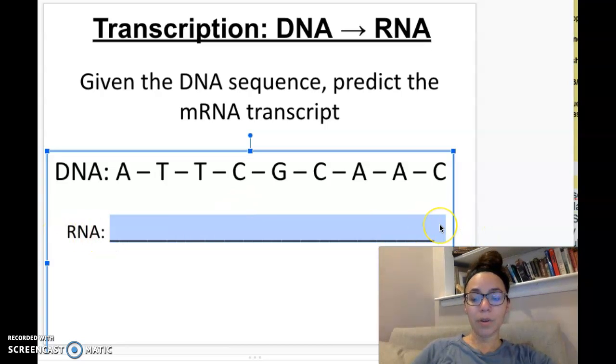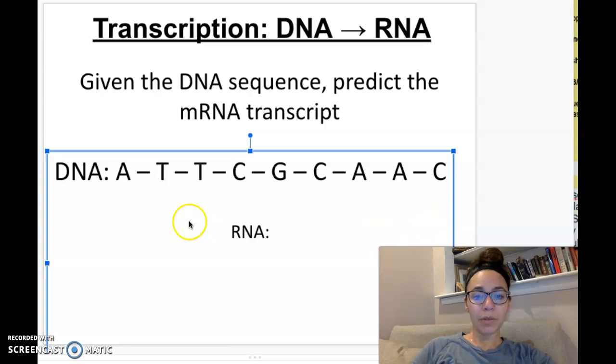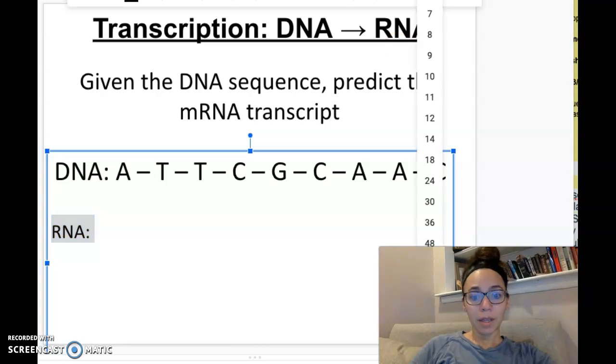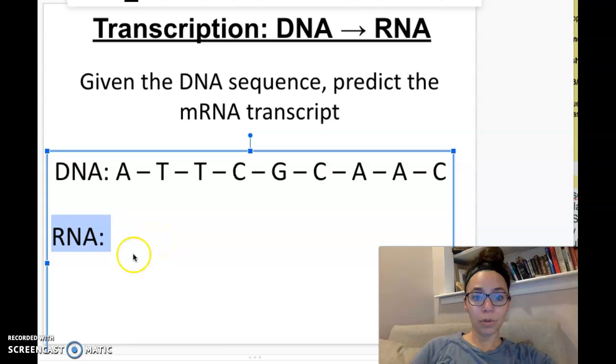All right, so if A pairs with T normally for the DNA, in RNA, it's going to pair with a U. Okay, so A pairs with U.